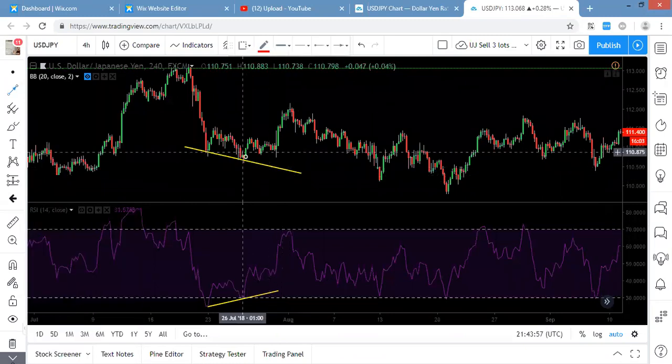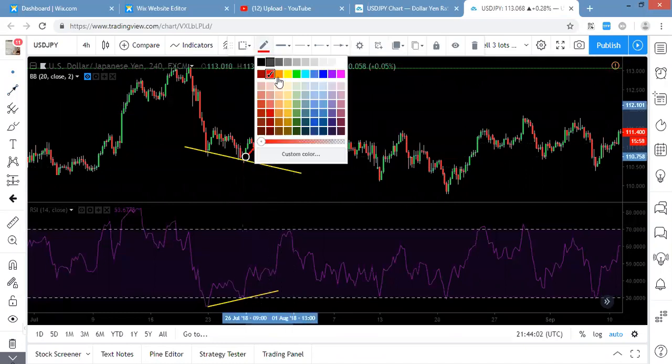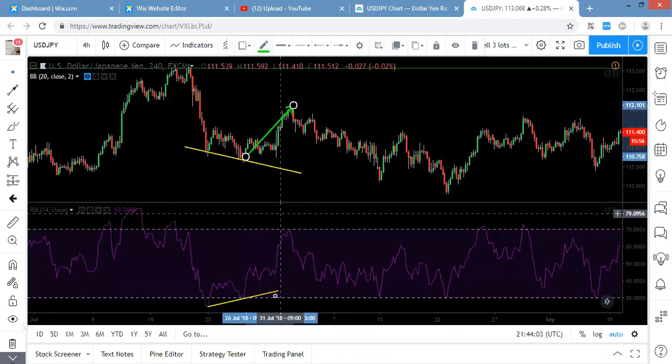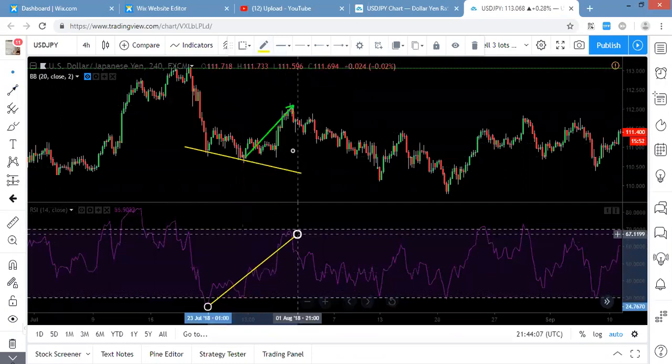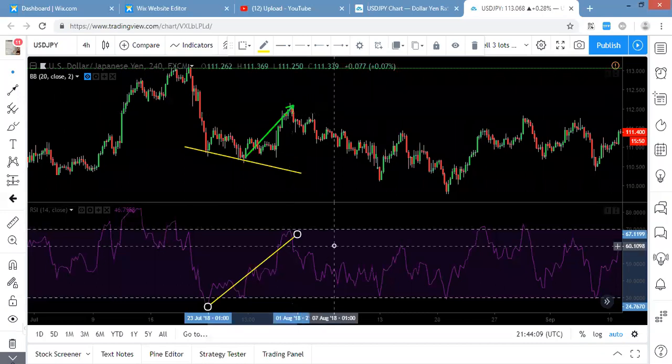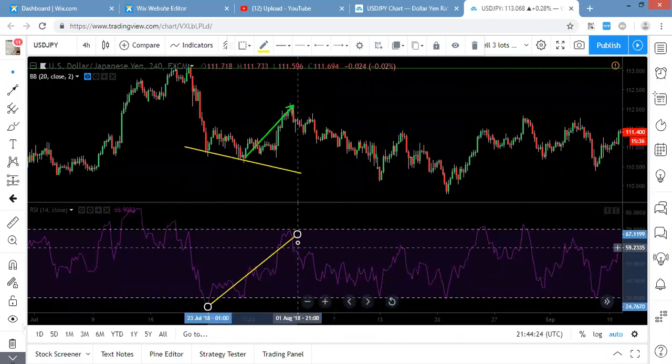And if you take a look here, guess what happened? It went up, right? It did go up. So the bullish divergence played out, and then you can see that it also played out on the indicator all the way to that top. All right? So that's how bullish divergence works, where there is a disparity or a difference between the price action on the chart, the candles, and what the indicator is showing you.